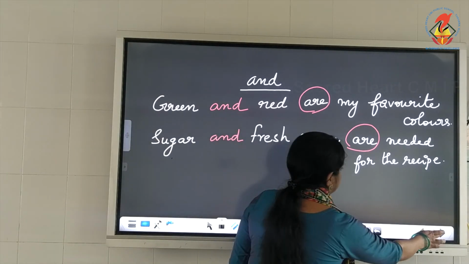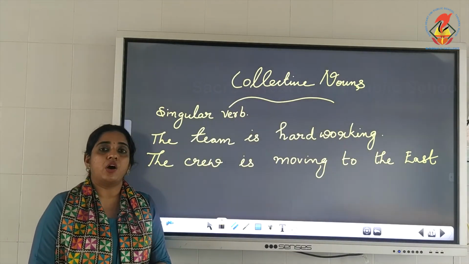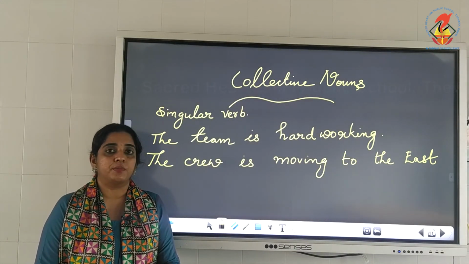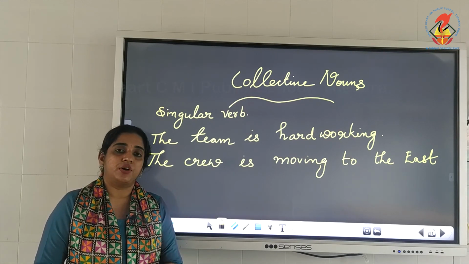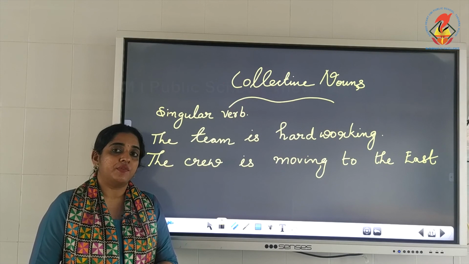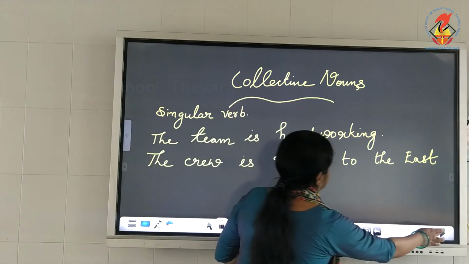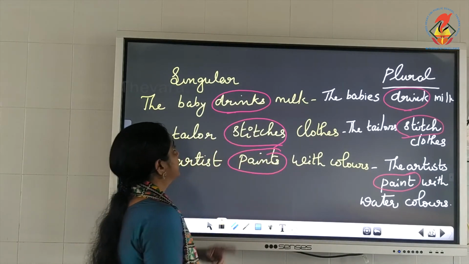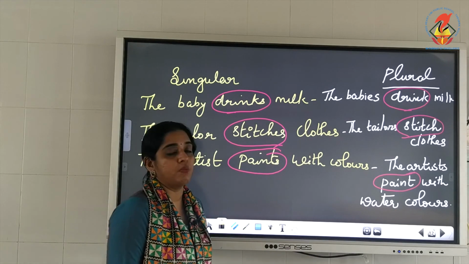Then the next one, collective nouns. Collective nouns will always take a singular form of the verb. Since it is speaking as a collection, it performs the duty of a singular subject. So, you have to use a singular form of the verb. Then, how to change singular and plural, what all changes happen in the form of the verb.